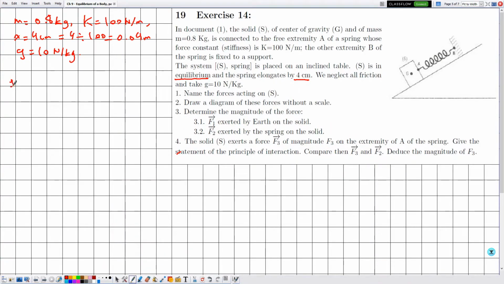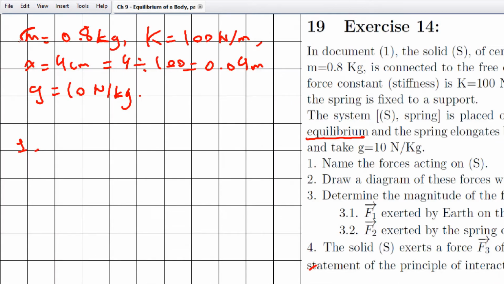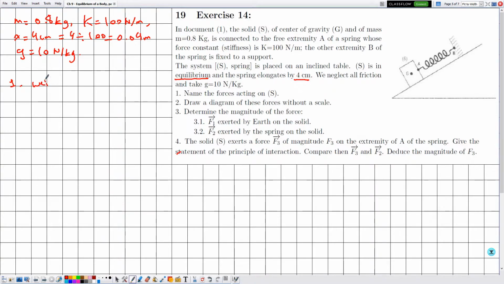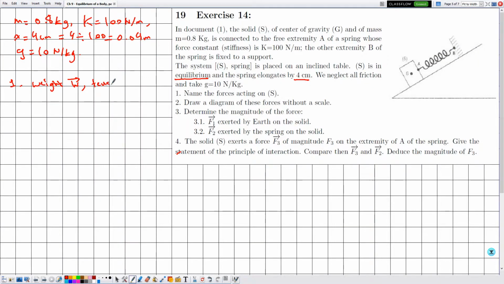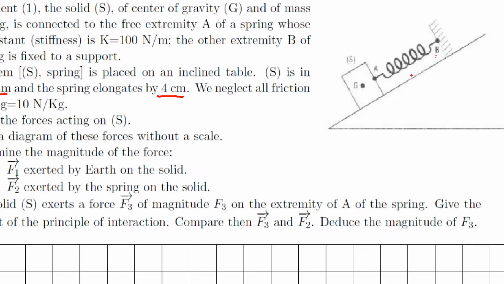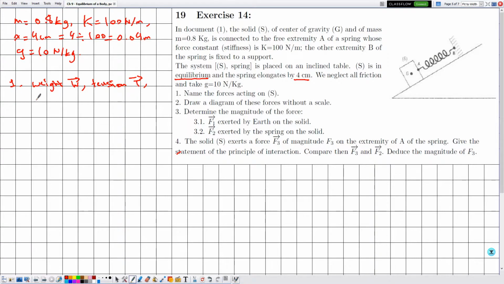Then in number 1, they are telling me name the forces acting on the solid S. Because the solid S has a mass, it will be subjected to the weight W. Because we have a spring, it will be subjected to the tension T. Because we have a support, which is the inclined plane, it will be subjected to the normal reaction N. Now in number 2, they are telling me draw a diagram of these forces without a scale.